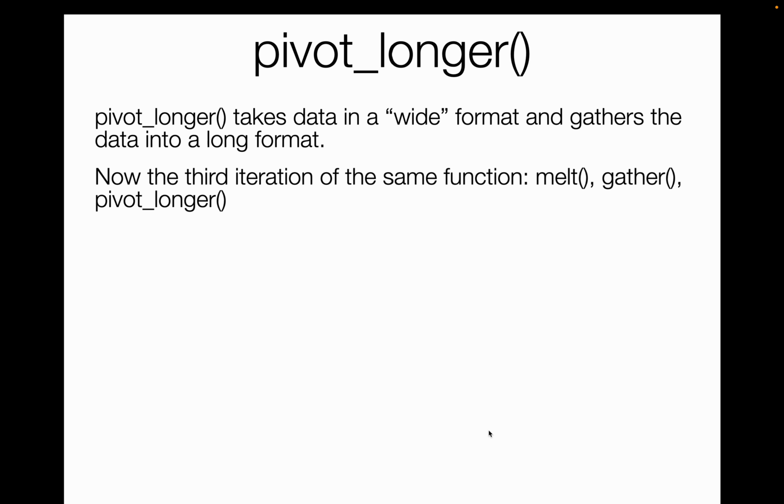It's now in the 3rd iteration of the same function, with 3 different names. It was first called melt, then it was called gather, and now it's called pivot longer. So you probably won't see any melting, but you may see some gather and pivot longer. Melt is actually the verb that data.table uses, which is the main competitor to dplyr, I believe. There are reasons for why it would be called melt, but they've gone away from that in tidyr.